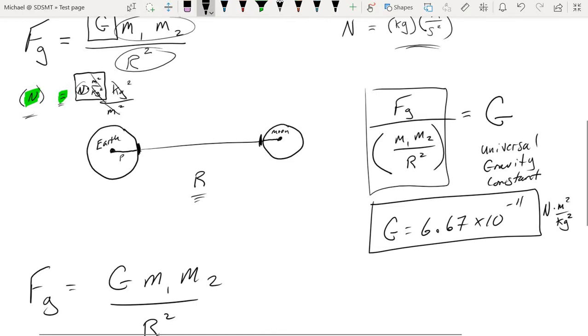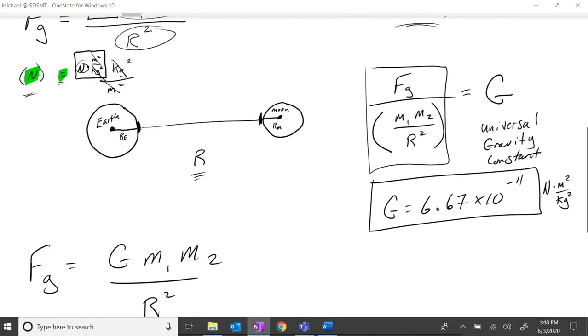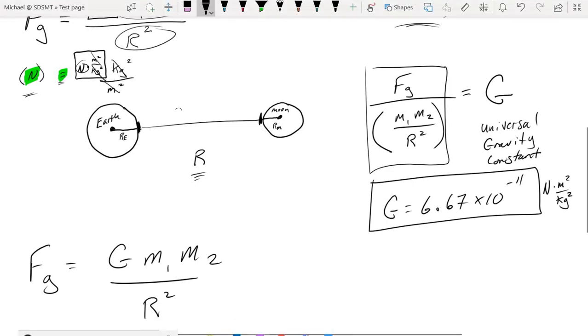And this actually starts to become more and more critical as the two objects get closer and closer together, because the actual separation distance between the Earth and the Moon, I'm just throwing out a very approximated value here, is about 300,000 kilometers from the Earth to the Moon.